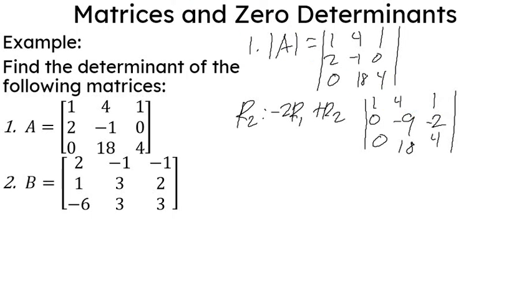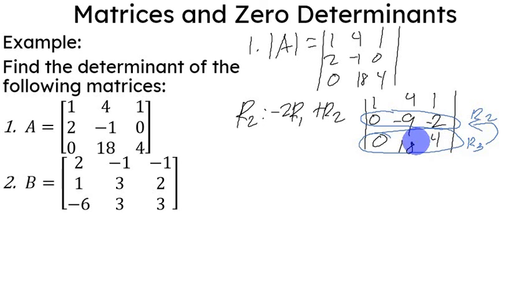Now, as you can see, after performing one row operation, which just gives us an equivalent determinant, this row and this row have become such that one is a multiple of the other. Row 3 has become a multiple of row 2, because if we multiply -2 to row 2, we get row 4.